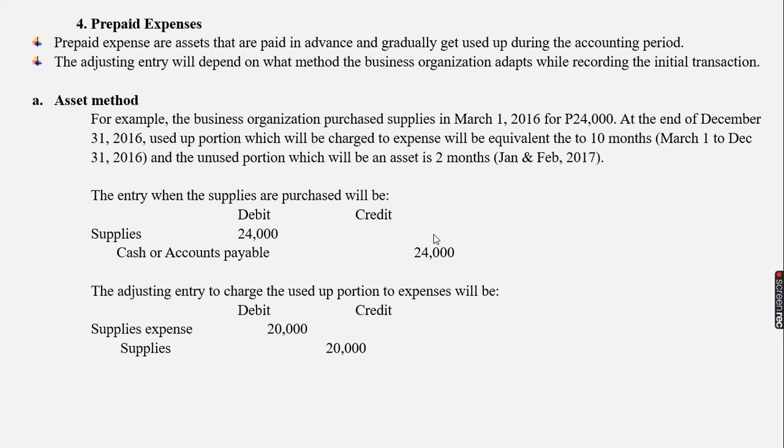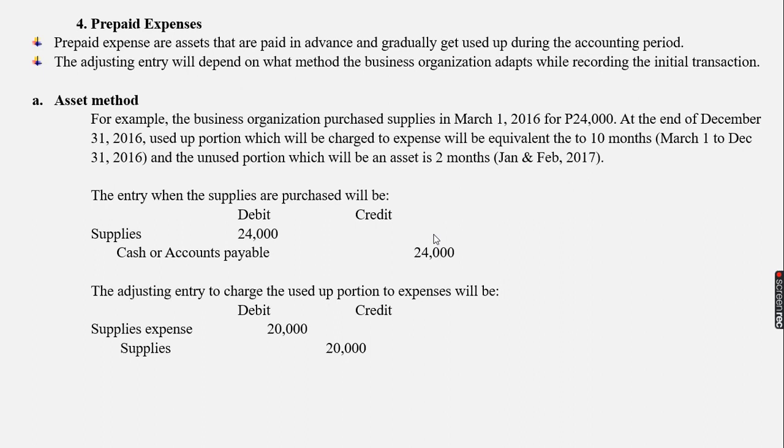Siyempre, at the end of December 31, 2016, may na-consume siya na portion of the supplies which is equivalent to 10 months. So, March 1 to December 31, 2016 and the unused portion will be an asset is 2 months, January and February 2017.